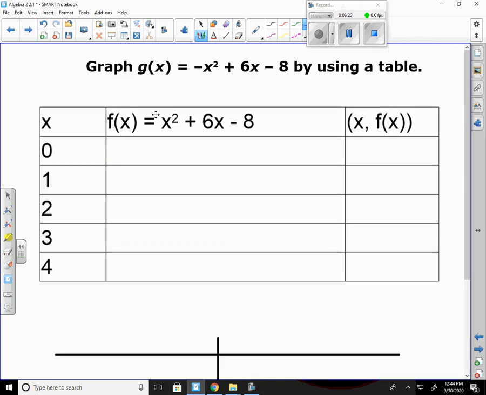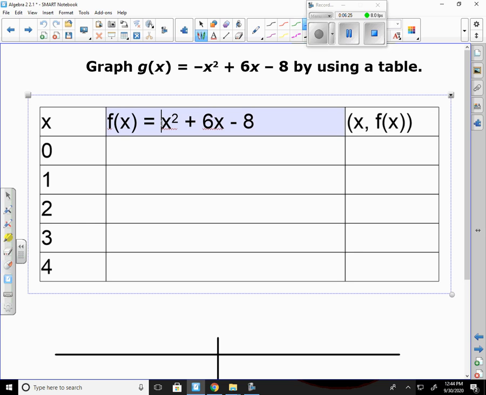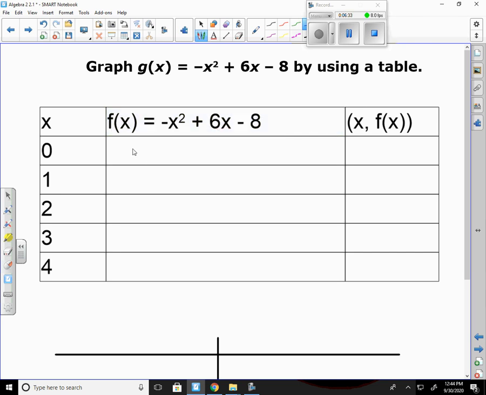I want you to try this one. You are going to graph negative x squared plus 6x minus 8. Since I know you're doing this on your own, f of 0 equals negative 0 squared plus 6 times 0 minus 8. It gives me 0, negative 8. Plug the 1 in.